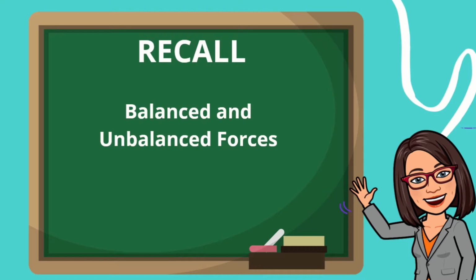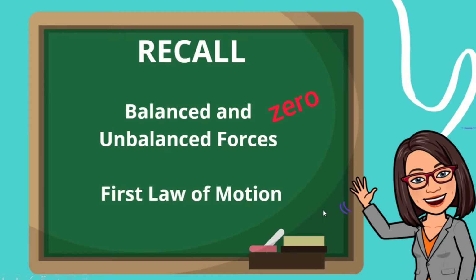When the forces acting on an object are balanced, the net force on the object is equal to zero. Newton's first law states that every object continues in a state of rest or of uniform speed in a straight line unless acted on by a non-zero net force.